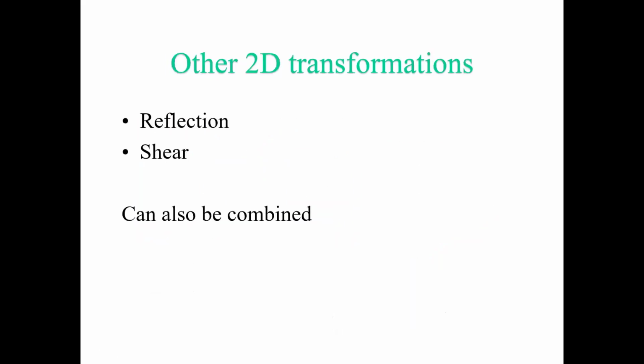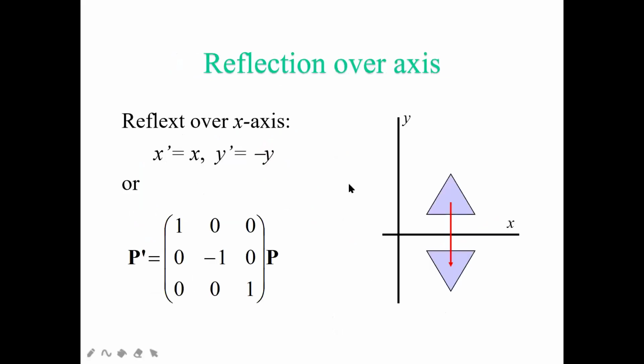Now moving to the next one. Here we will see the other 2D transformations I have discussed, reflection and shearing, and how they can be combined. You know that for reflection, if I consider reflection on your x-axis, then this value is going to be reflected like this. So x dash, the new coordinate value, will be equal to x, but y dash will be in the negative direction.